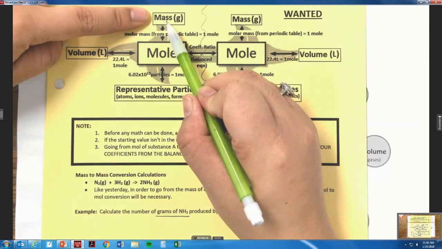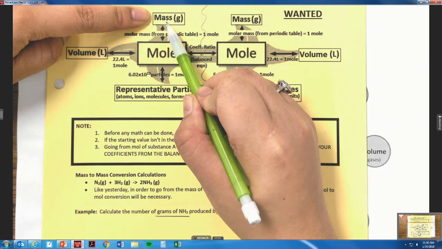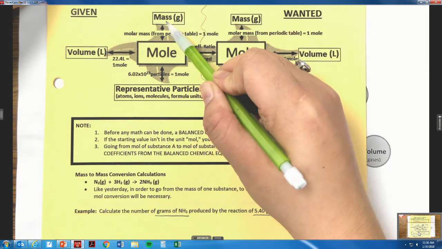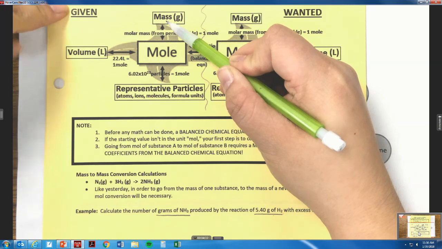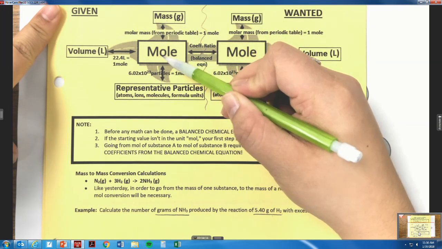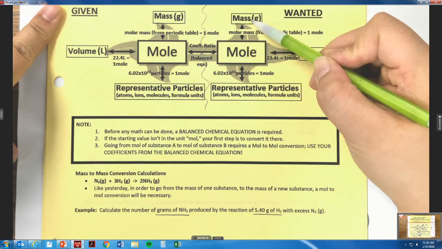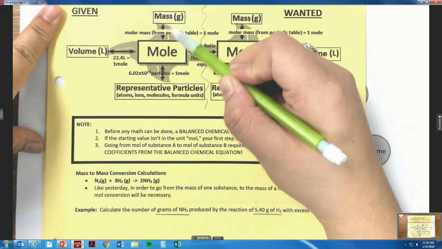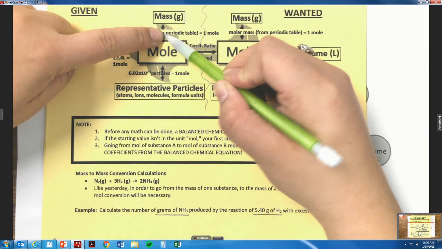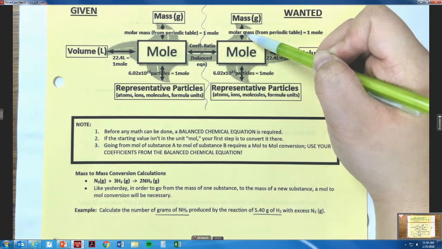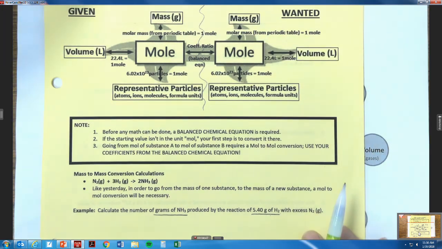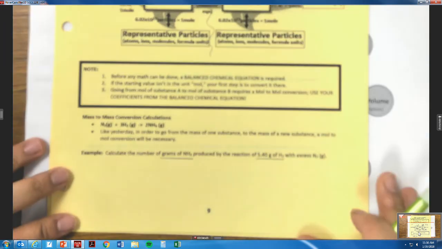So to get from mass of my given, H2, to mass of ammonia, I have 1, 2, 3 conversion factors for this one problem.